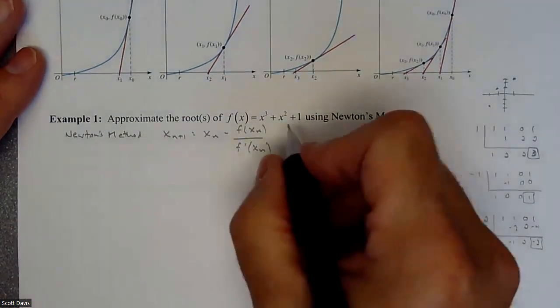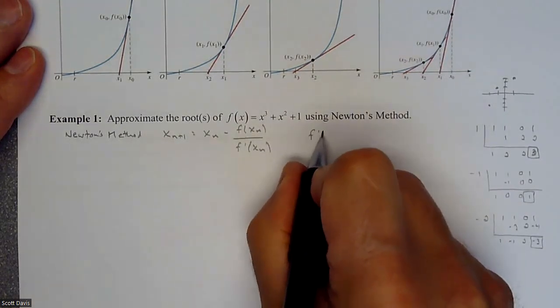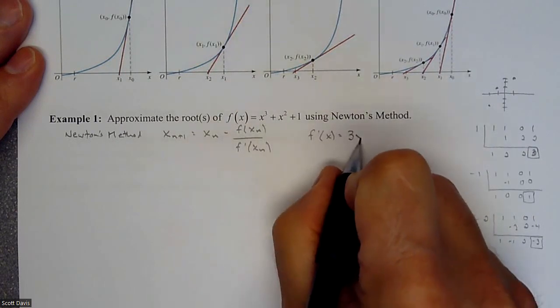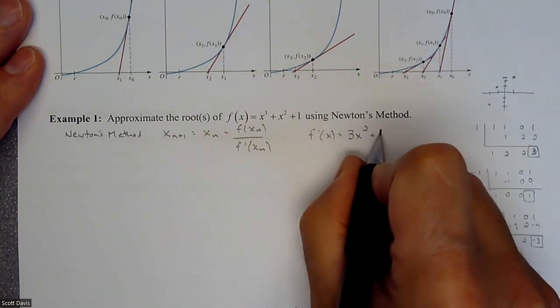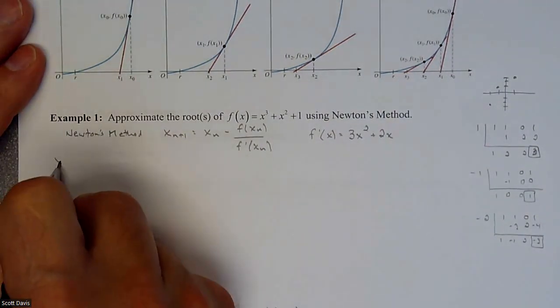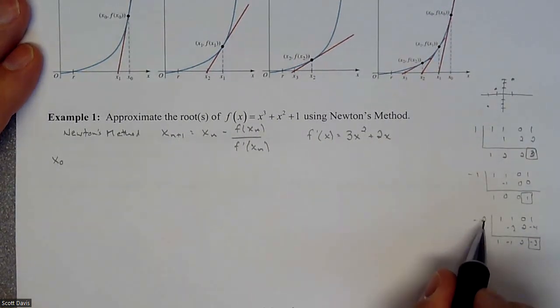So what I need is my original function and my derivative. My derivative of this would be 3x squared plus 2x. And I need to start this process. My initial x is, I'm just going to go with -2.